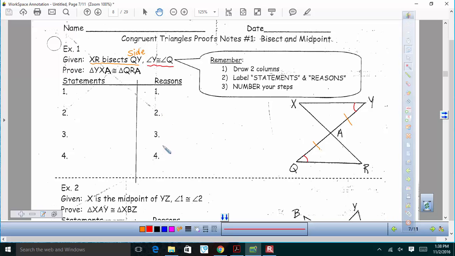So do you see any of those in this picture? We have vertical angles. Anytime you have an angle across from each other, that is a mirror image, that is vertical angles.